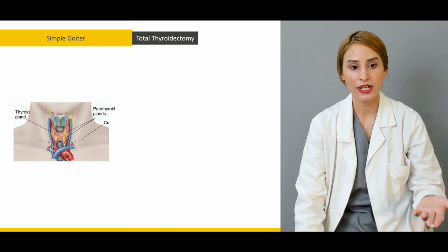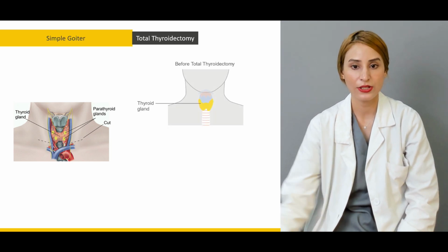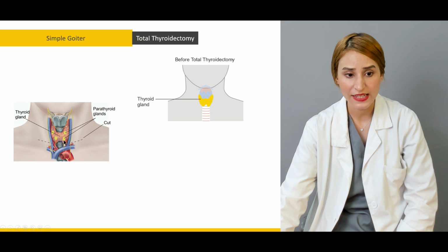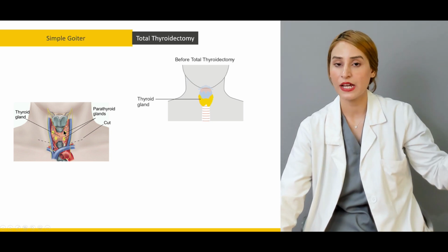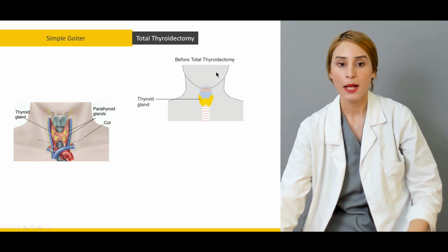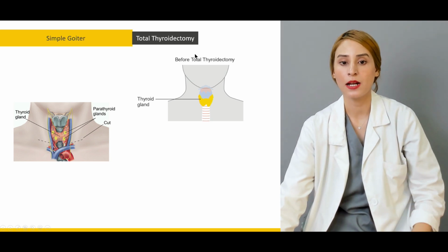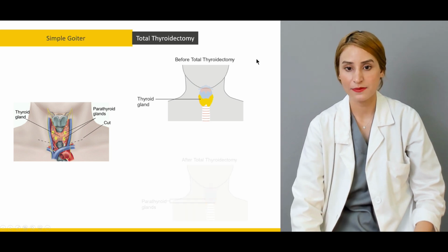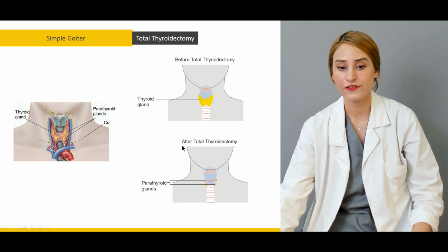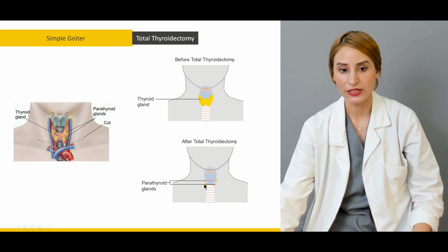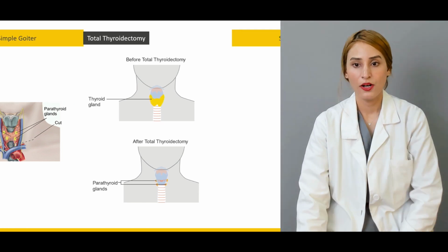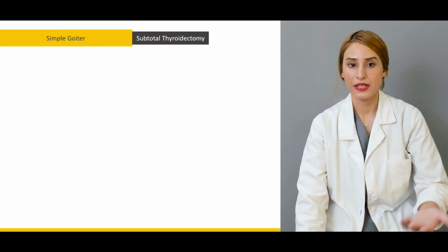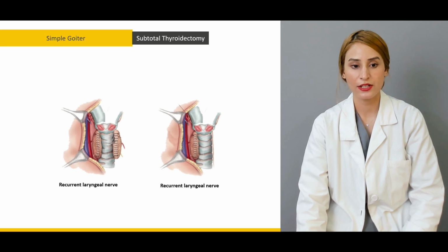There's another diagram you can see about the total thyroidectomy. This is the thyroid gland, these are the parathyroid glands, and you remove the whole of the thyroid gland along with the parathyroid. But if you look at the other diagram, this is the thyroid gland before total thyroidectomy, and this is the gland after total thyroidectomy, and these are the parathyroids which are left behind. Okay, and then you can appreciate the subtotal thyroidectomy.